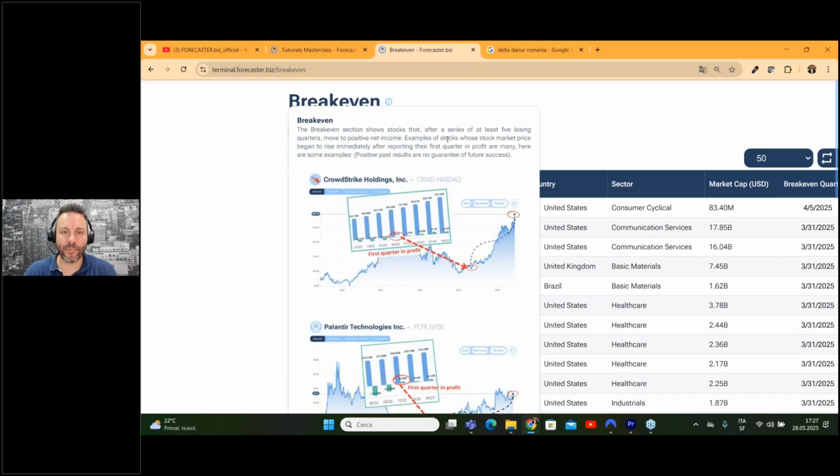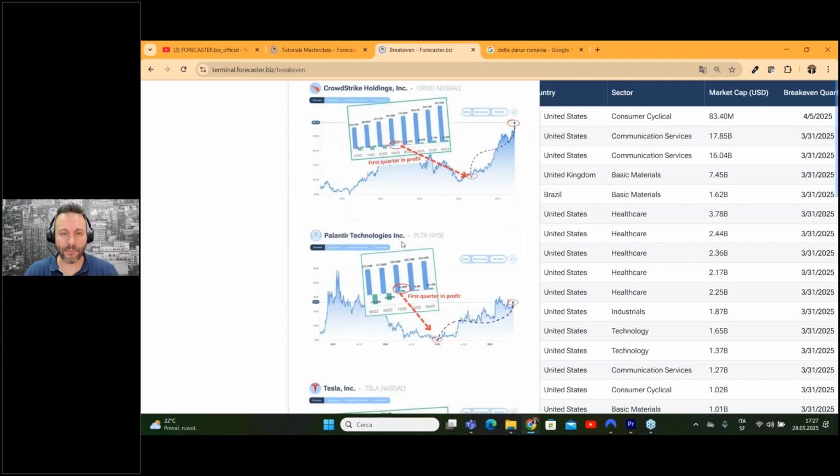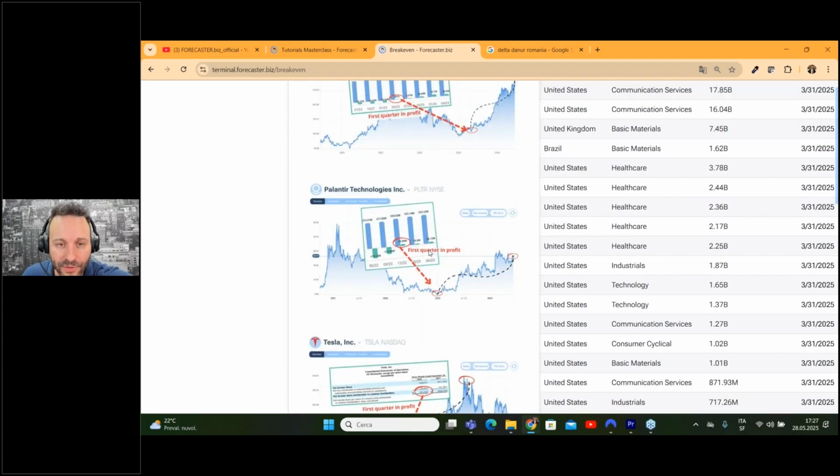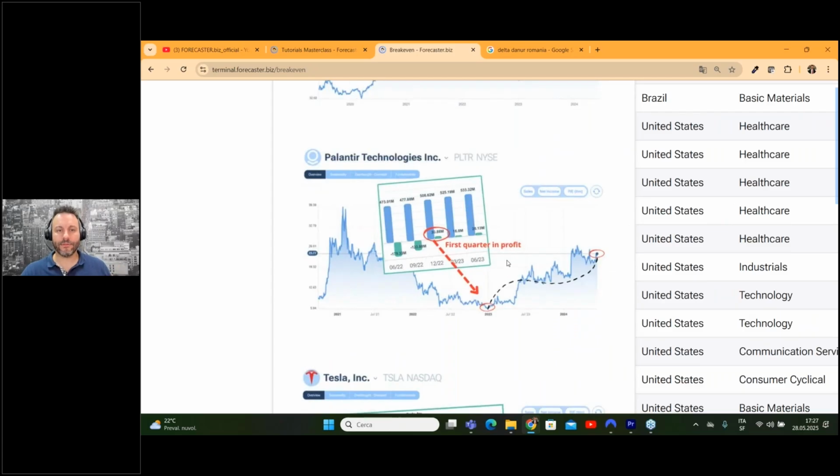Examples of stocks whose stock market price began to rise immediately after reporting their first quarter in profit are many. Here are some examples. For example, I don't know if you remember Palantir, which is very famous today. These companies started to rise on the stock market exactly when they reported the first quarter in profit.